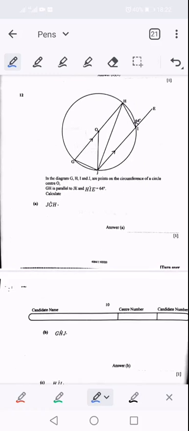Right, JGH tawana irichi 64. So hapa it's 64. Then GHJ tawana iri, is it 26? GHJ, yeah, tawana iri 26. It's 26 degrees.